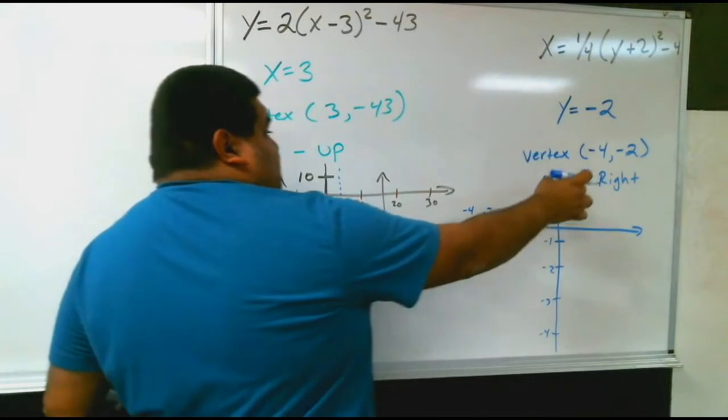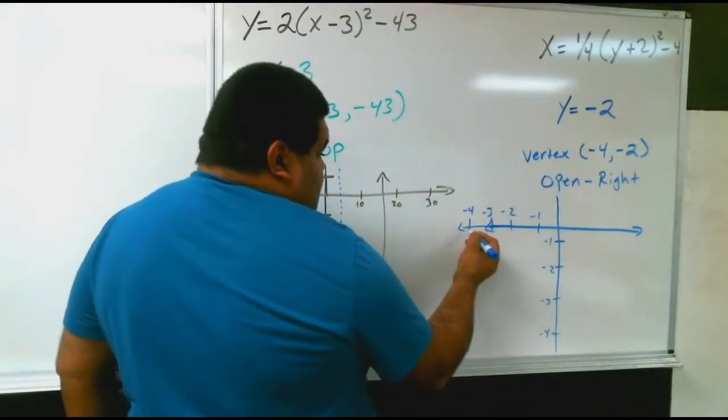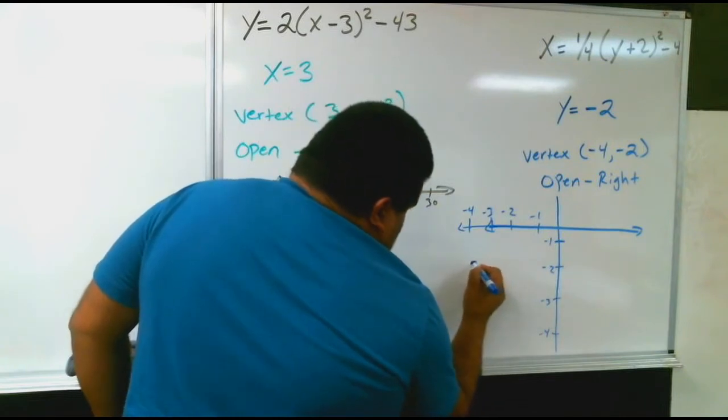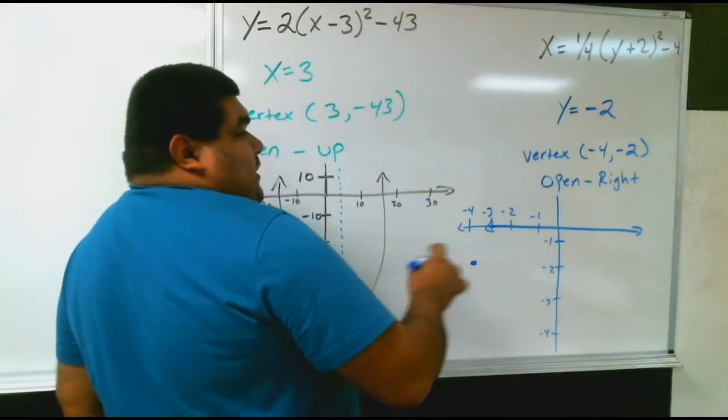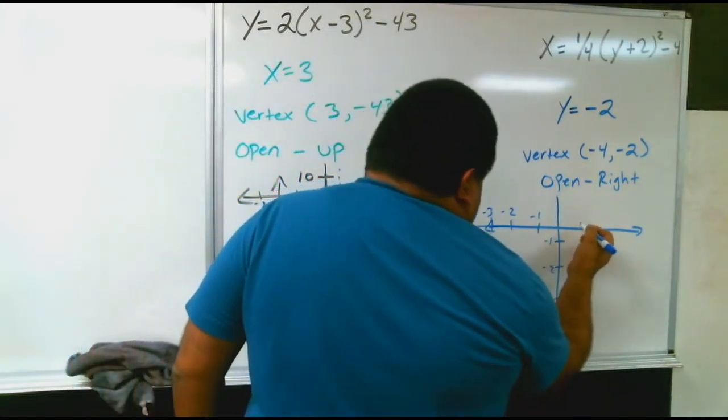Our vertex is at negative 4 on the x-axis, and then we go down to negative 2. Remember, it's going to open to the right.